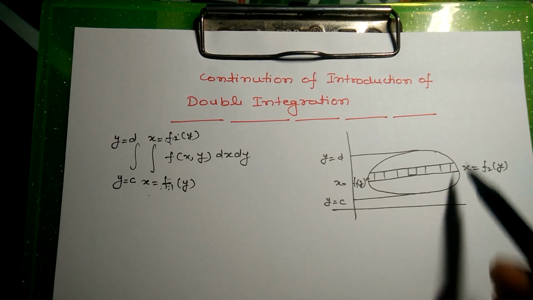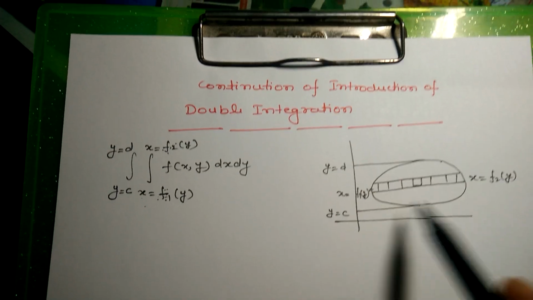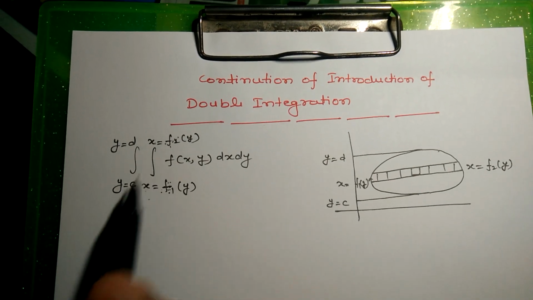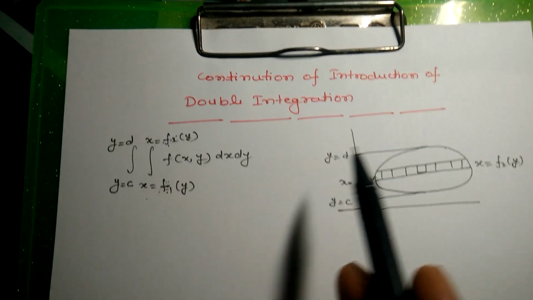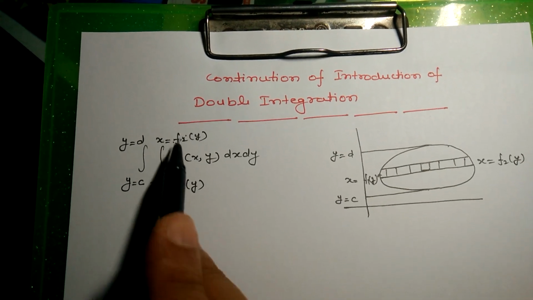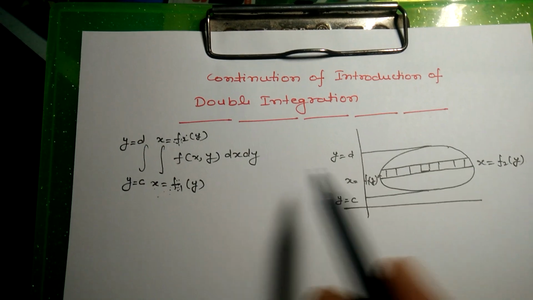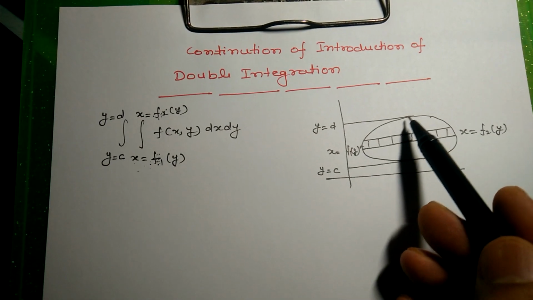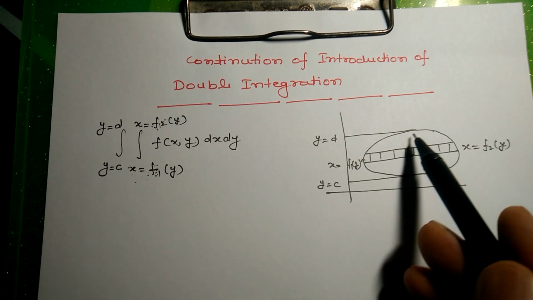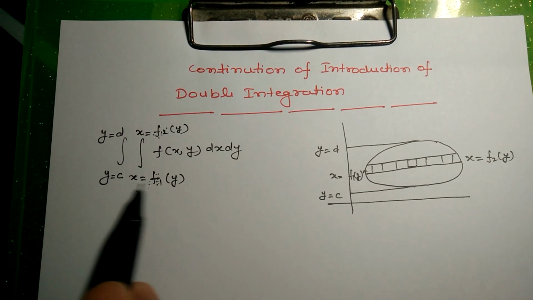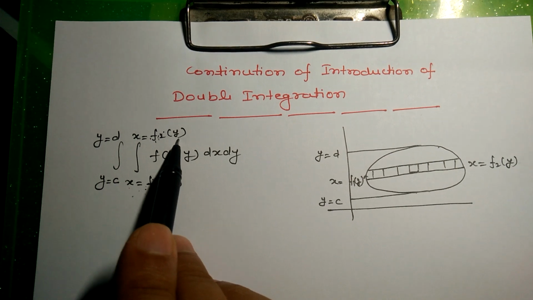Only in that case will all the limits be constant. In the majority of cases these limits are functions, because we always bound the strip from one curve to another curve. So this is the horizontal strip, bounded from x equal to f1(y) to x equal to f2(y).